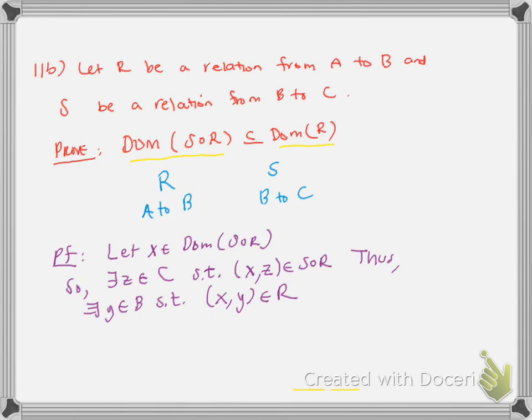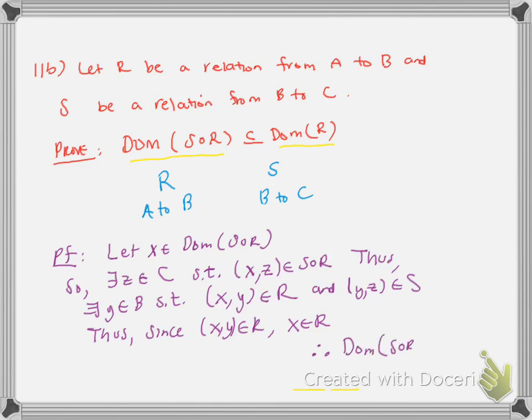So XY is in R, and YZ is in S. Okay. Well, thus, since XY is in R, then X belongs to the domain of R, right? By the definition of relation. So therefore, the domain of S composed with R is a subset of the domain of R.